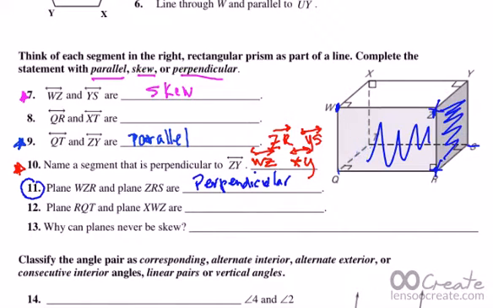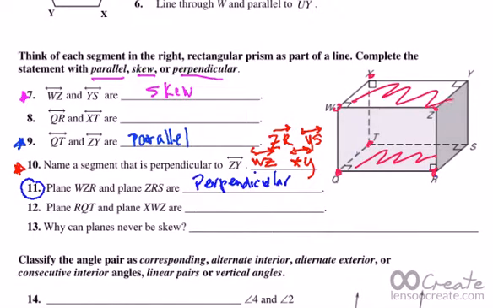If I were to look at the next question, if I look at RQT on the bottom and XWZ on the top, those two would be considered parallel.